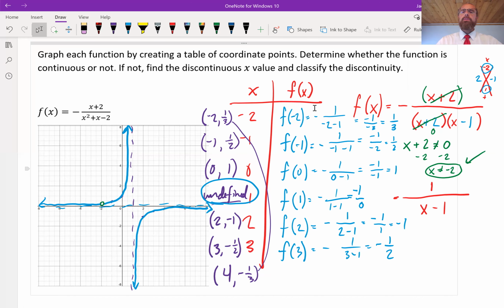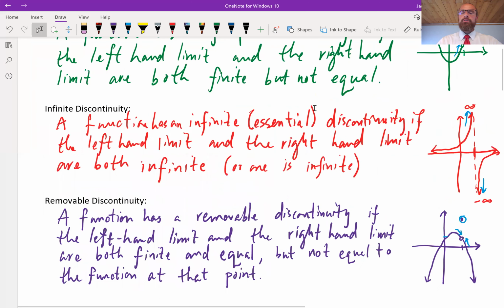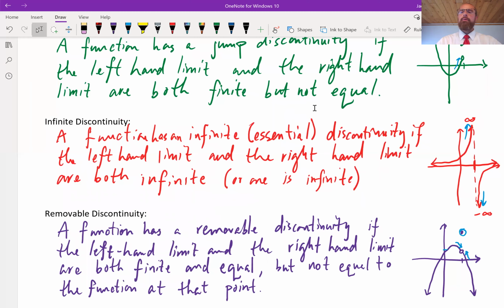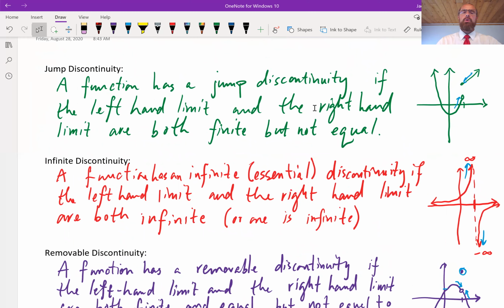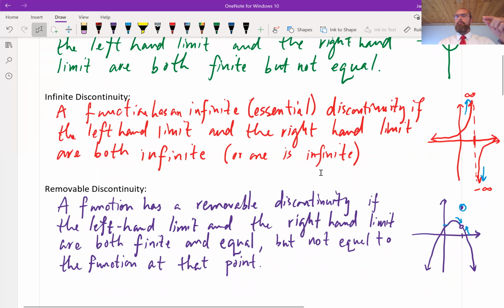And really what I need to see is which one of these three descriptions that gap most matches. So is it a jump discontinuity where the y values are different from the left and from the right? Or is it an infinite discontinuity where they're going in opposite directions or maybe going infinitely in one direction? Or is it a finite limit from the left and a finite limit from the right coming to the same y value?